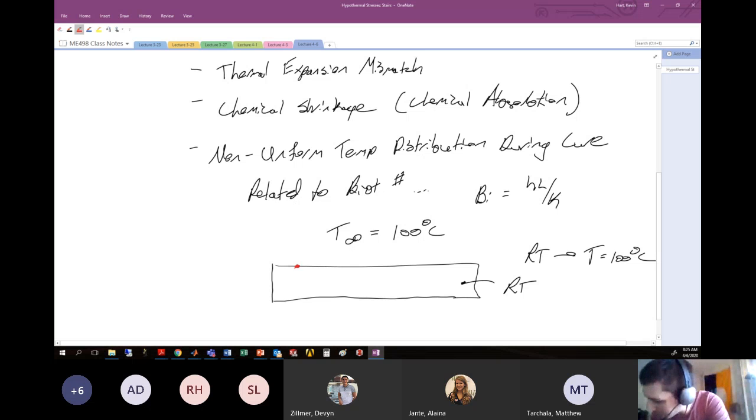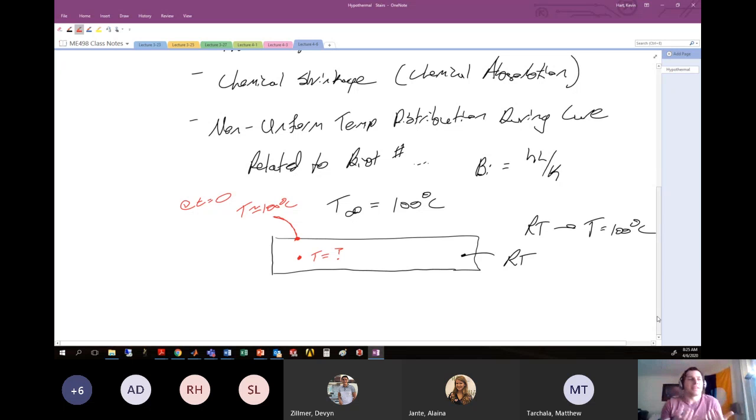So we can approximate and say that at time t equals 0, the temperature on the surface is approximately equal to 100 degrees C. But it's going to take some time for the inside of that piece to reach temperature. Basically, that surface temperature immediately becomes 100 degrees C. It's a good approximation. Okay, but inside here, T equals question mark.